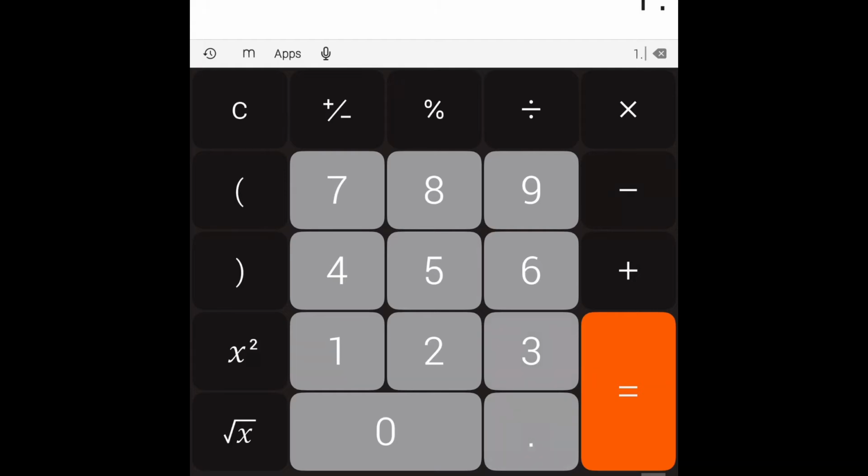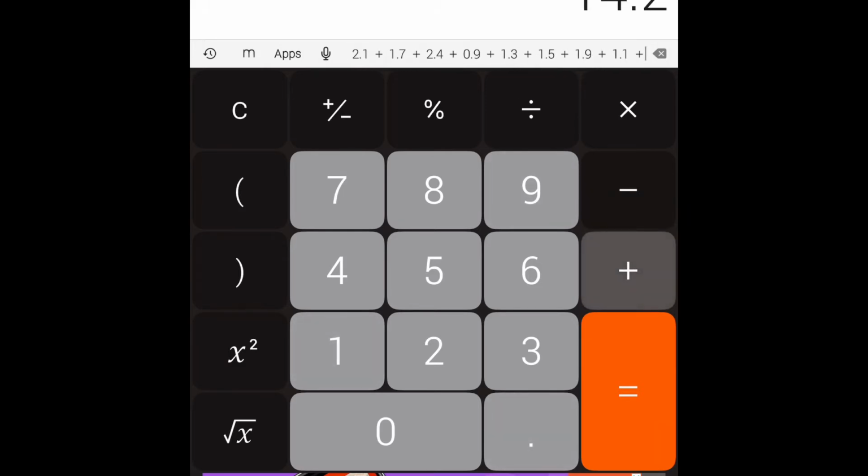So we've got 1.3, 2.1, 1.7, 2.4, 0.9, 1.3, 1.9, 1.1, 1.3, 2.1 and 2.2, which is 19.8.